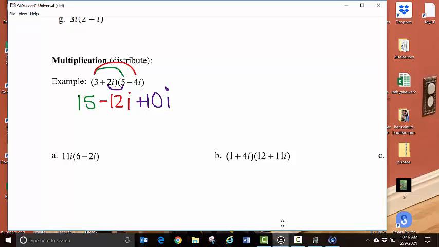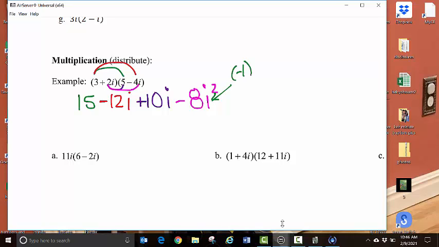And then last but not least, 2 times negative 4 is negative 8i squared. So do it just like you normally would. But before you move on, anywhere there's an i squared becomes a negative 1.